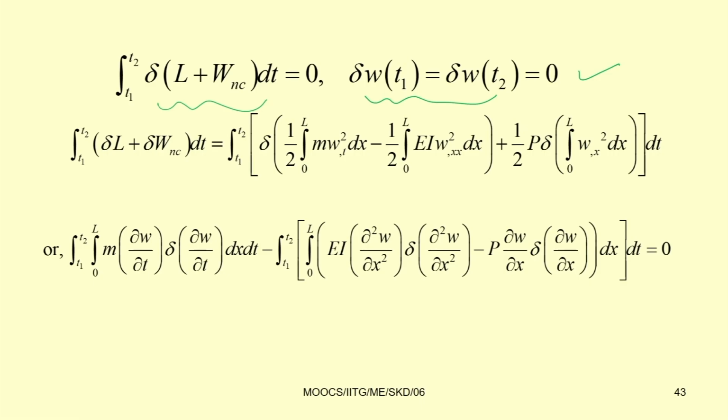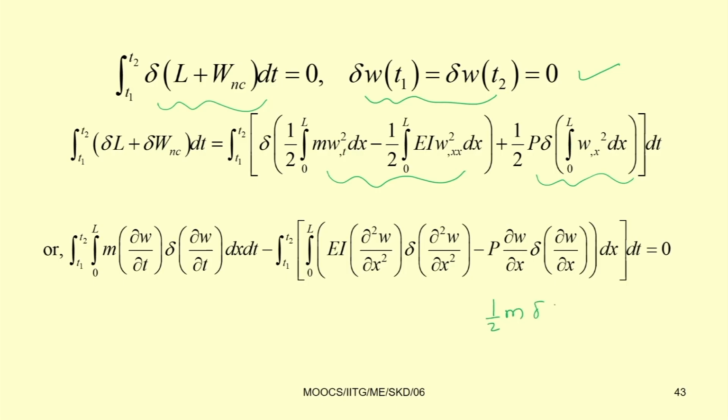Now, expanding this term, L equal to T minus U, already we have written this is L, and this is from P. Now you just have to expand this by integration by parts. Here m delta, this part you have to expand and the other part you take as it is.